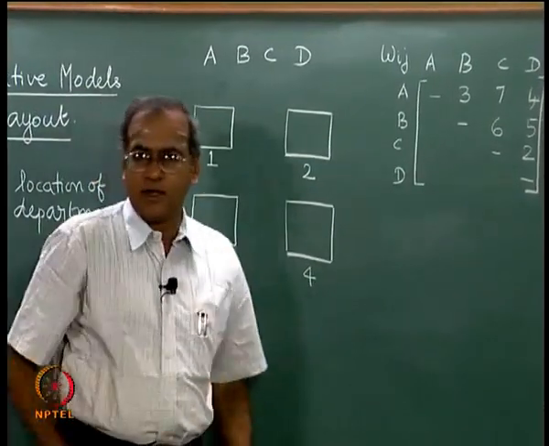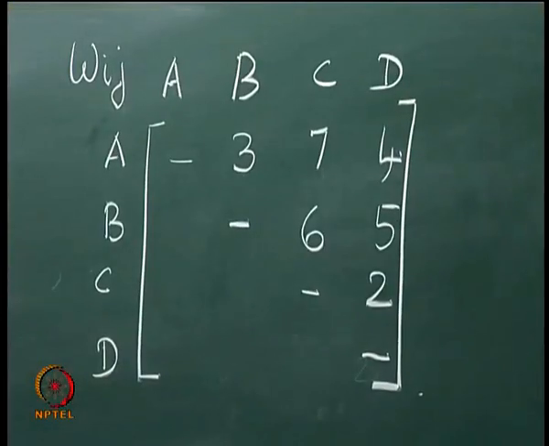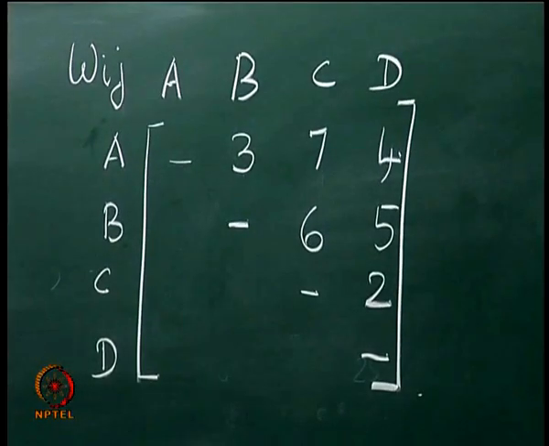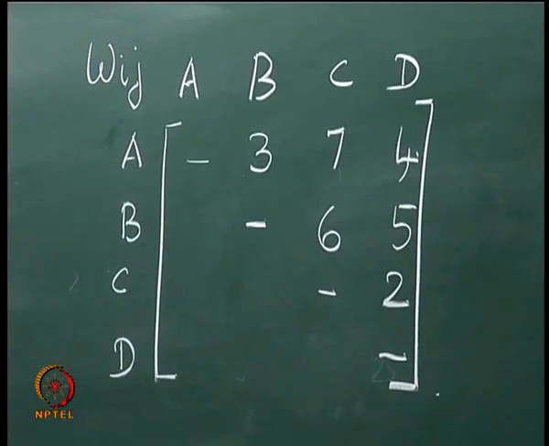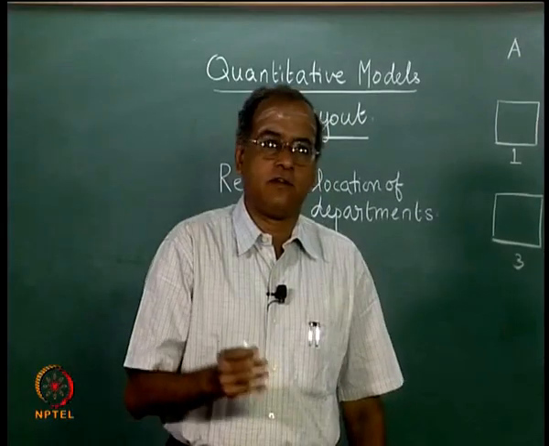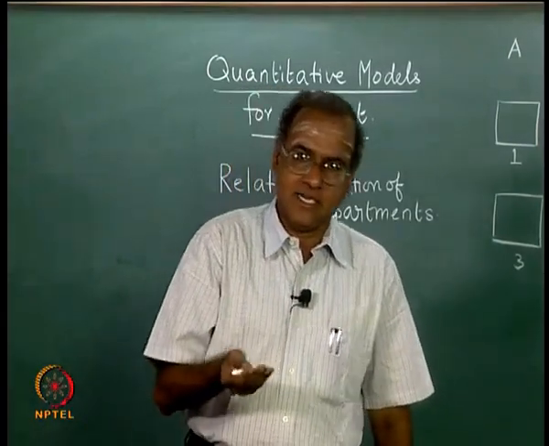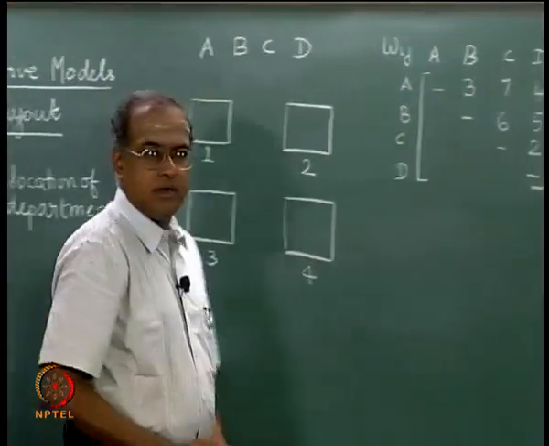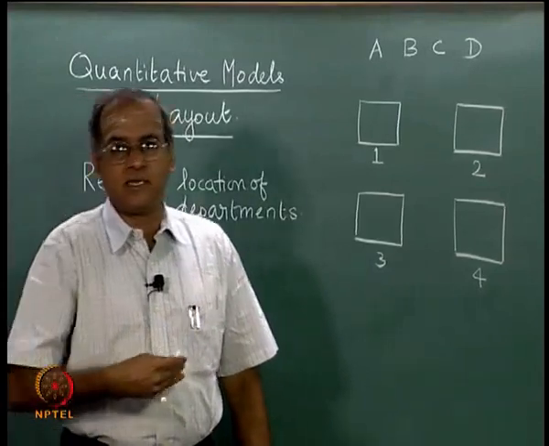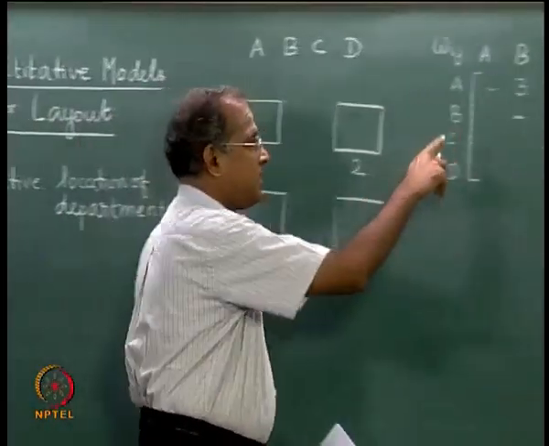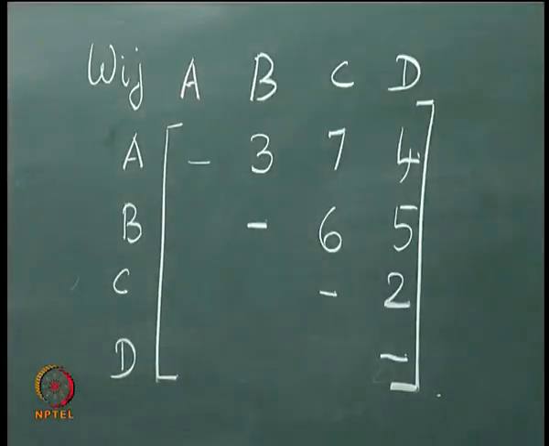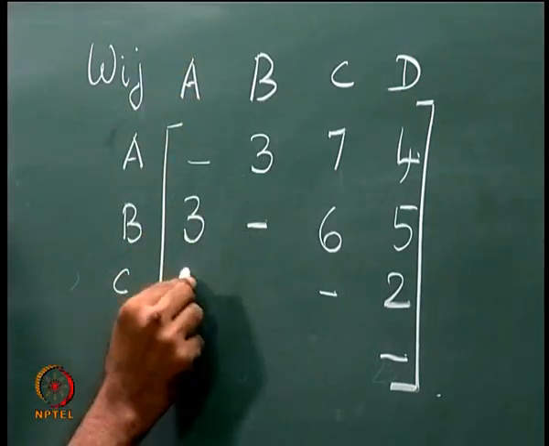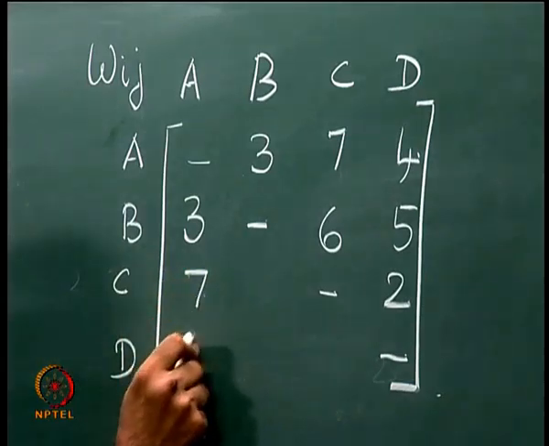We have assumed symmetry, though in many cases it need not be symmetric, because the direction of flow of material inside a factory can be different from i to j and j to i. In reality this need not be symmetric, but just to make the computations easy we are assuming a symmetric matrix here, which also means that from B to A the weight is 3 and so on.